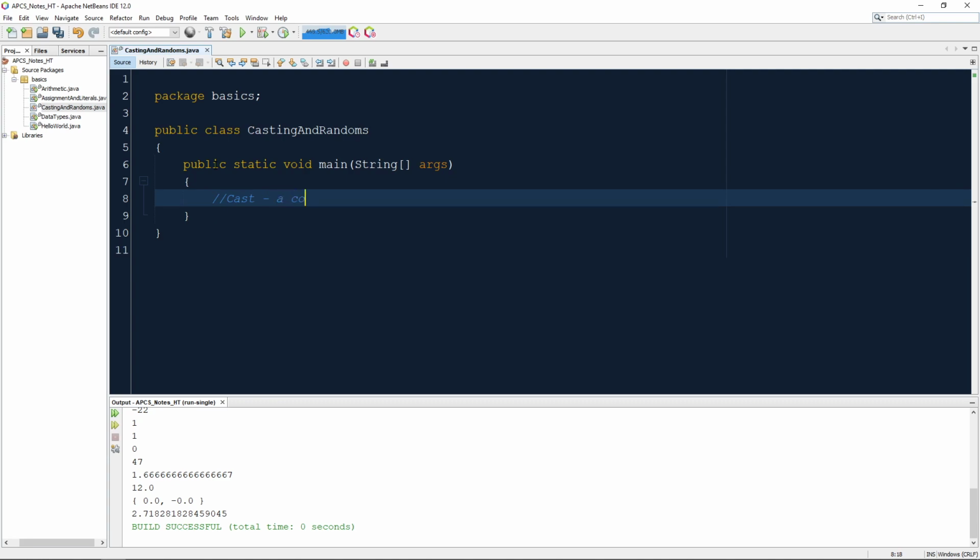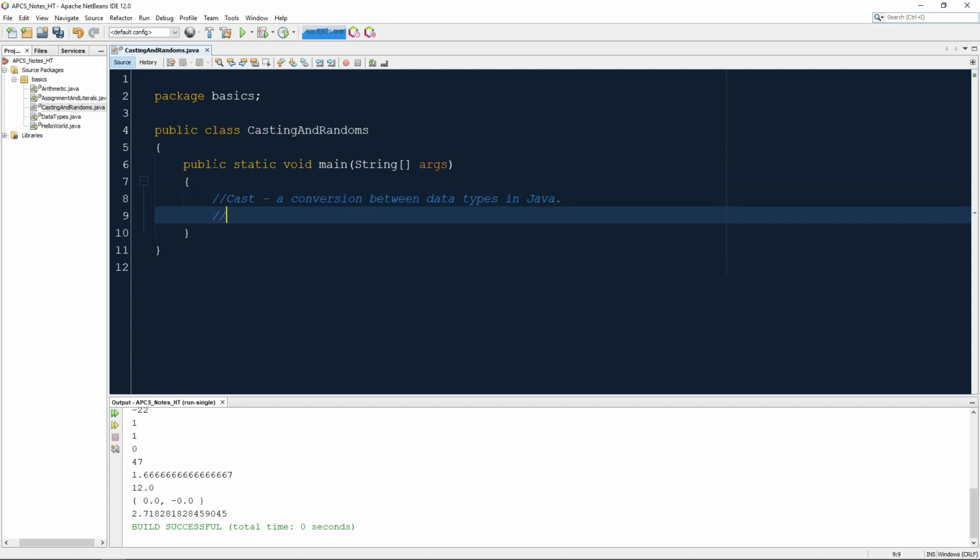A cast is a conversion between data types in Java. The syntax for a cast is the data type wrapped in a set of parentheses, so parenthesis, data type, parenthesis, and then the value.